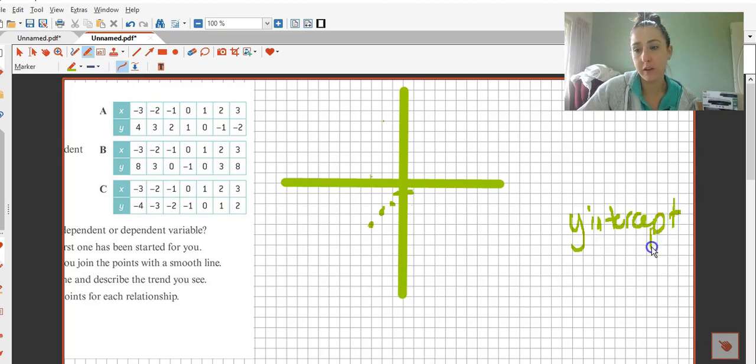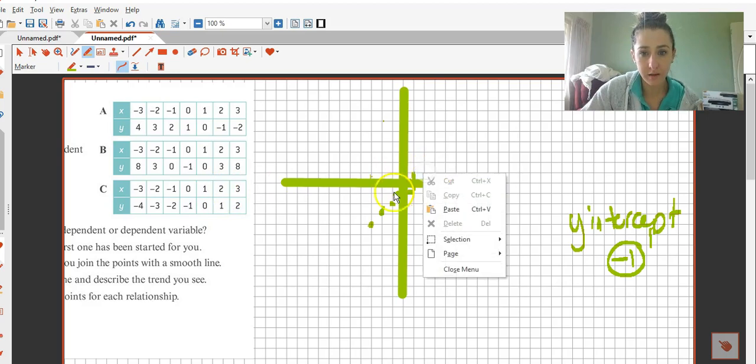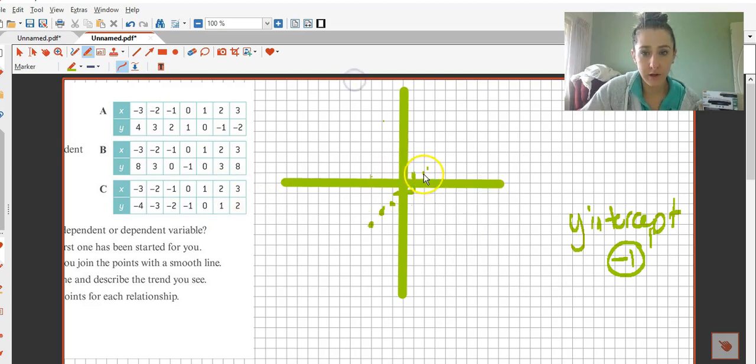So that's where it crosses over the y-axis, is at -1. So then at 1, I am crossing over my x-axis. At 2, I'm coming up to 1. And then at 3, I'm going up to 2. And then I just join them together, like that.